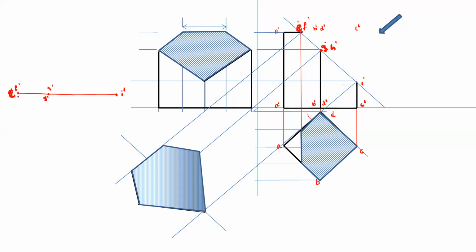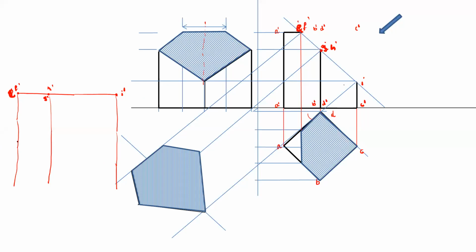Okay, now draw the vertical projectors, like this. Now you can draw one reference line, which is a center line.